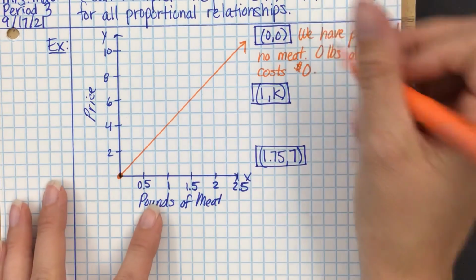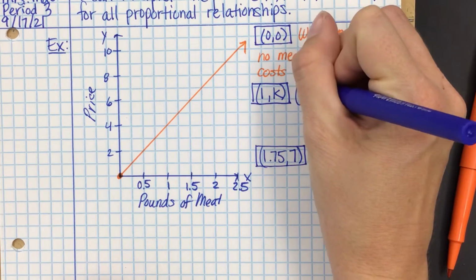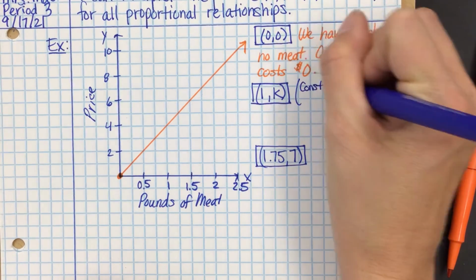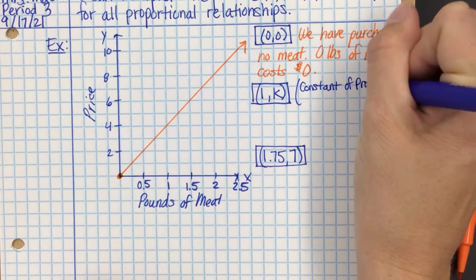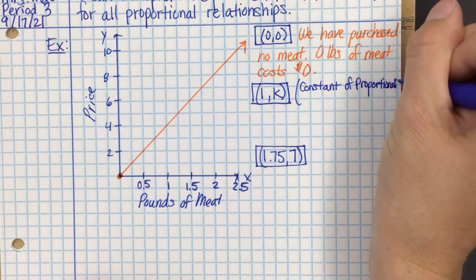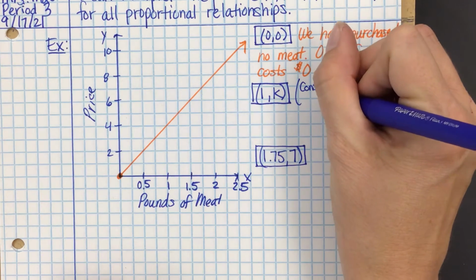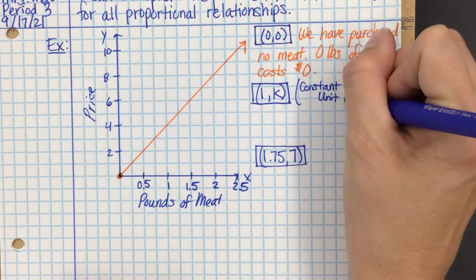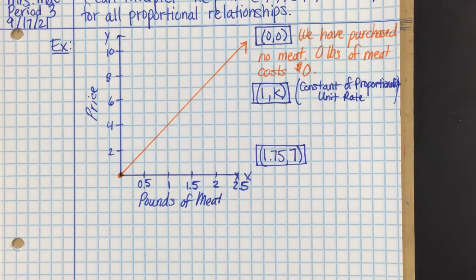Okay, so I'm going to put a little note here, just so that we can remember that this is the constant of proportionality. I'm going to run out of room because that's a long word, but you get the drift. And we can also call it the unit rate. Okay, unit rate, constant of proportionality.